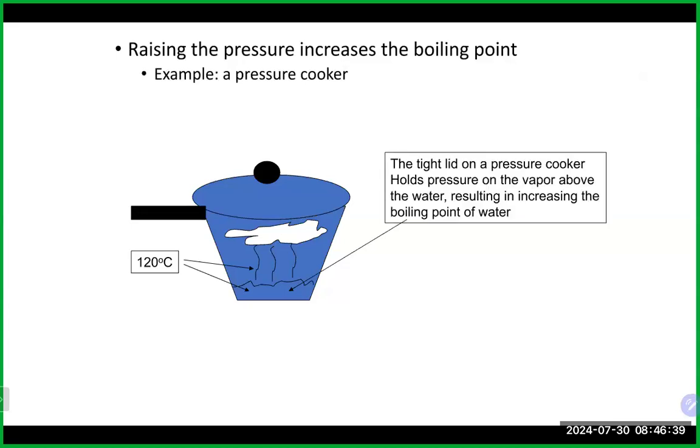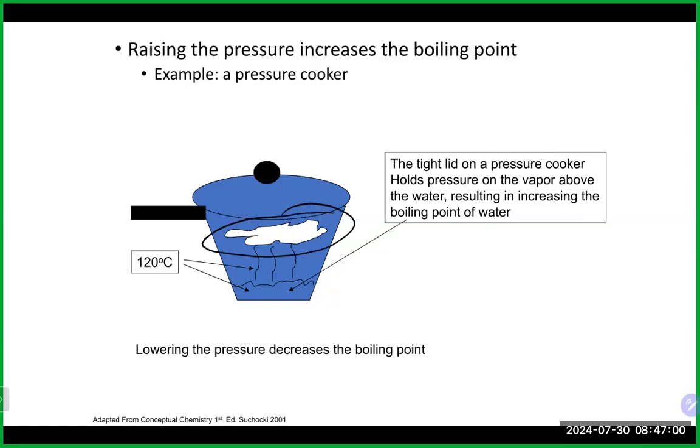Now, one way you could increase the boiling point is something like you see in a pressure cooker. The lid keeps really high pressure, and that increases the boiling point. So instead of it boiling at 100 degrees Celsius, under this really tight pressure it holds that vapor pressure in, and the result is it's going to take a lot more pressure and energy for those gas molecules to escape.